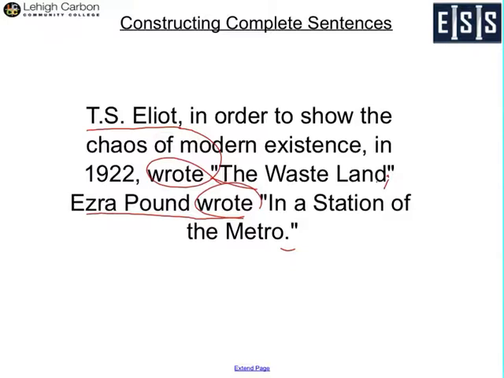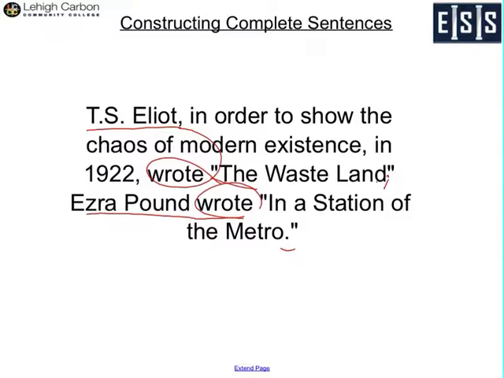So we have T.S. Eliot wrote The Wasteland; Ezra Pound wrote In a Station of the Metro. The two ideas are connected. We read the sentence as though the two are associated, but there's enough of a pause to indicate that there is a break in the two complete thoughts.